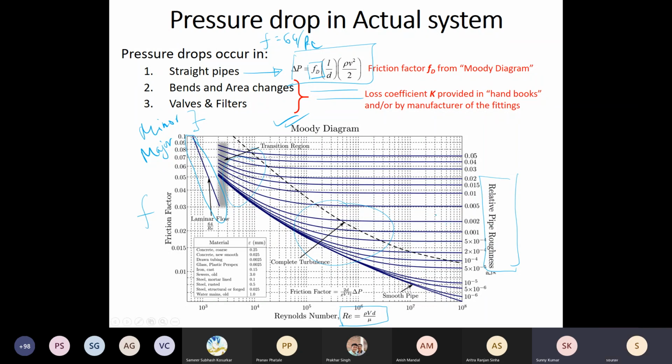So this slide is just to remind you that whenever you have flow in a pipe, you will always have some pressure losses. And a larger diameter pipe will lead to smaller pressure loss.